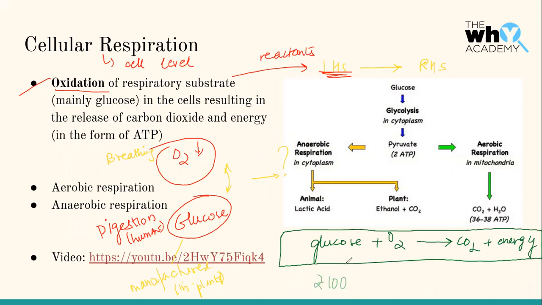When you talk about energy in biology, you always talk in terms of ATP, that this cell gave me so many ATP molecules. Suppose this reaction gave me 3 ATP molecules, or 36 ATP molecules.